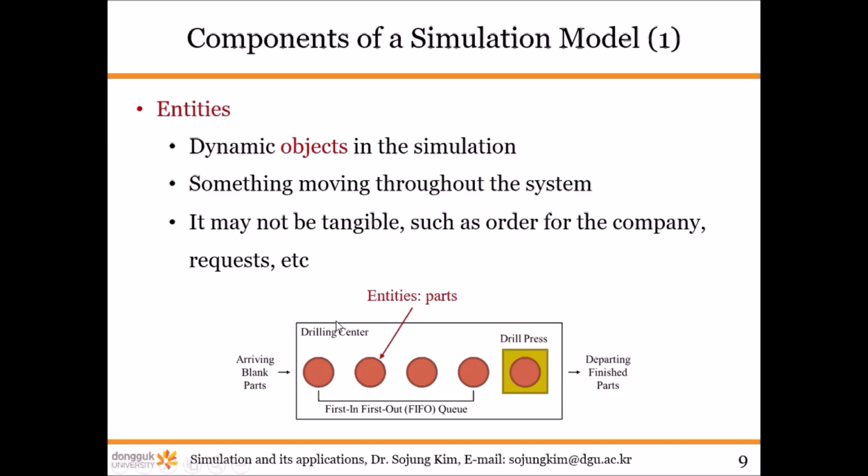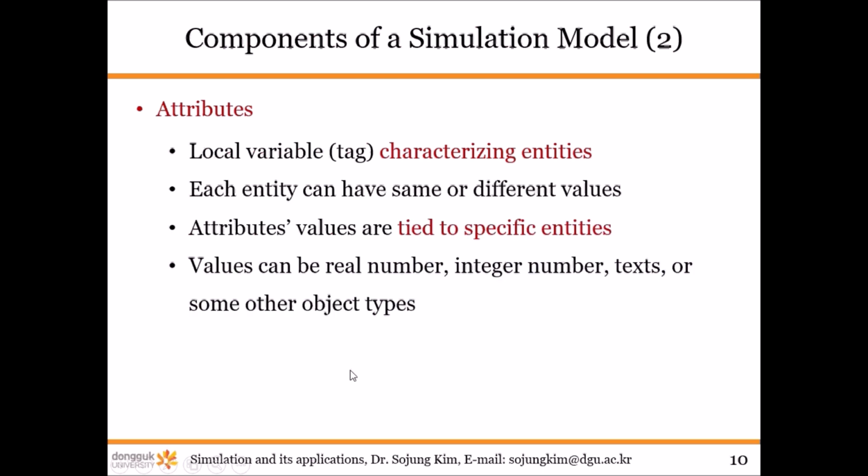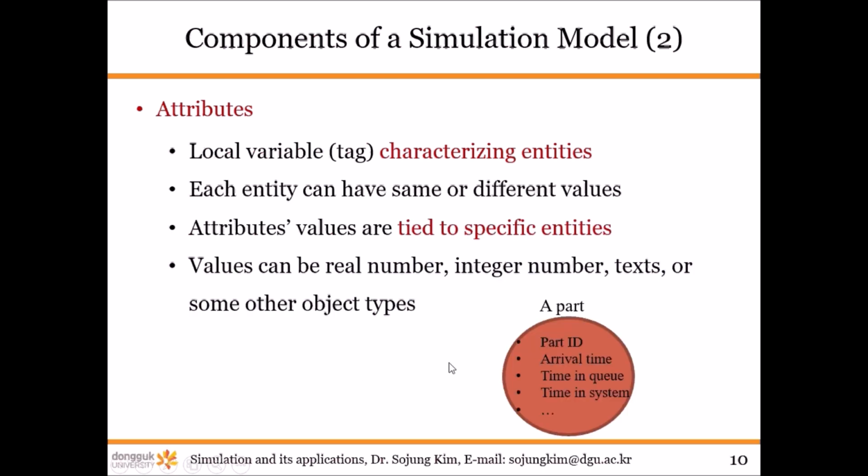The attributes for this part can be part ID, arrival time, time in queue, time in system, and so on. So all the local variables associated with a certain entity can be attributes. Got it?